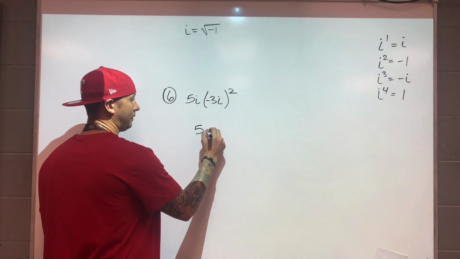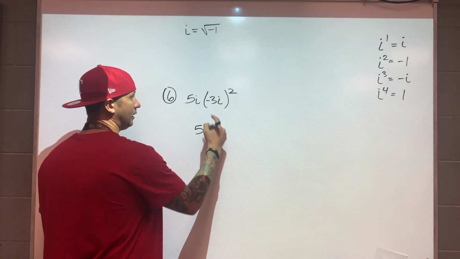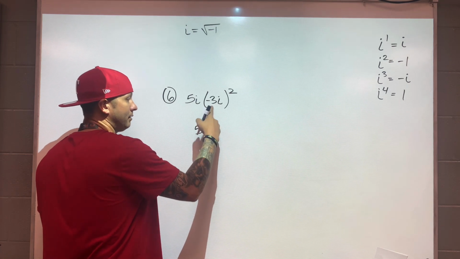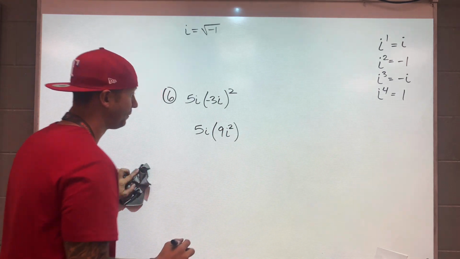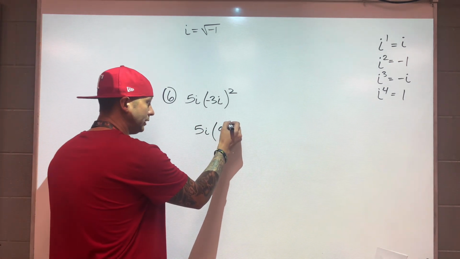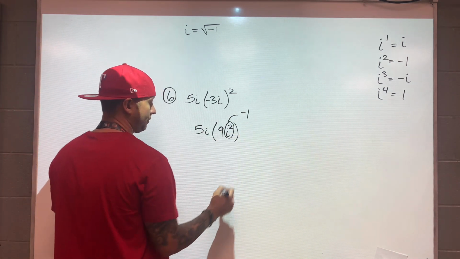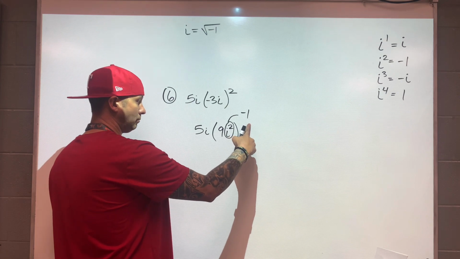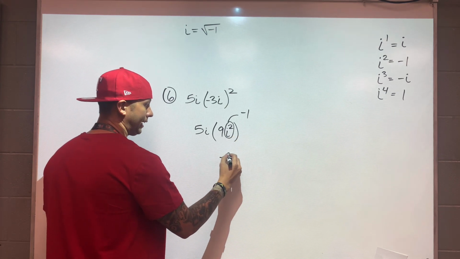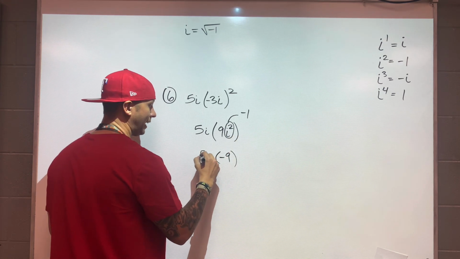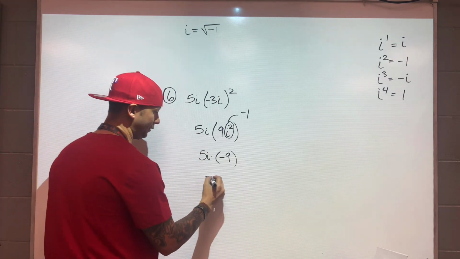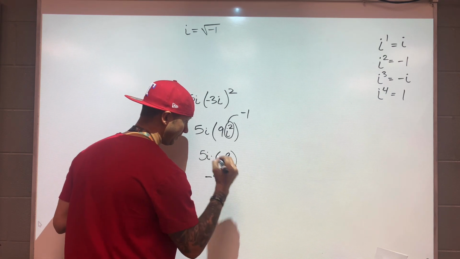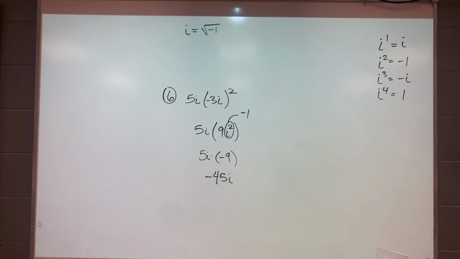So it's going to be 5i. -3 squared is 9, i squared, I know that i squared is -1. So this is 9 times -1. So that's going to be -9 times 5i. This is going to be 9 times 5, -45i. Not bad.